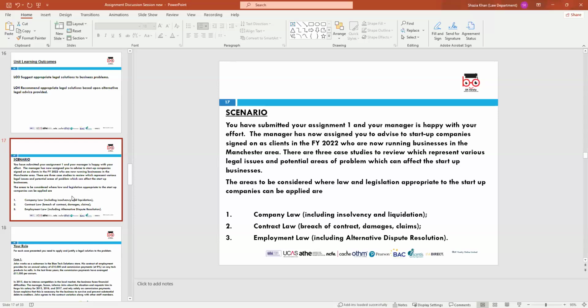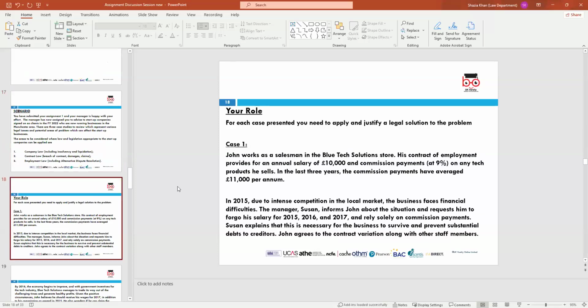Number 2, you need to look at contract law, which is breach of contract, damages and claims. Number 3, you need to look at employment law, including ADR, which is alternative dispute resolution, and you need to apply all these 3 to the scenarios we'll go through. So for each case study presented, you apply and justify a legal solution to the problem.